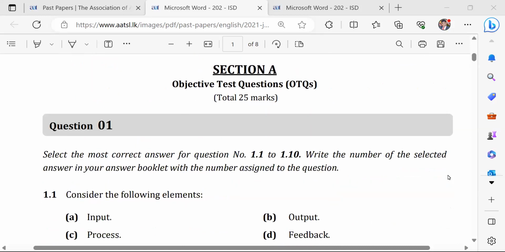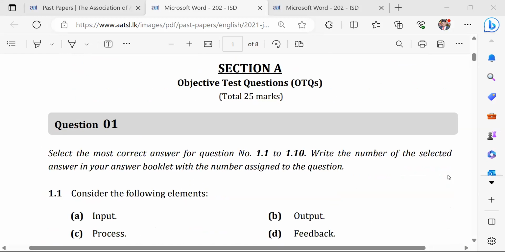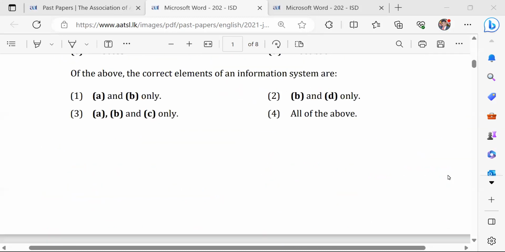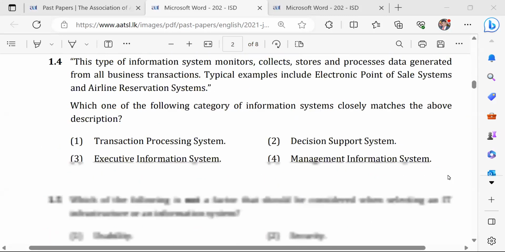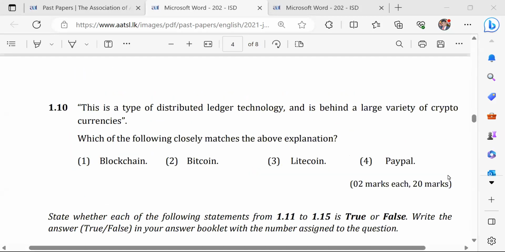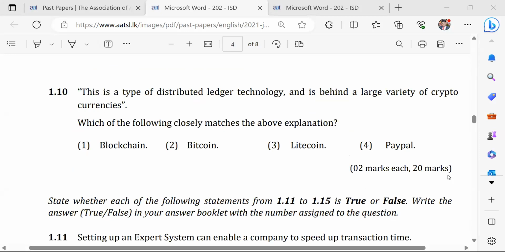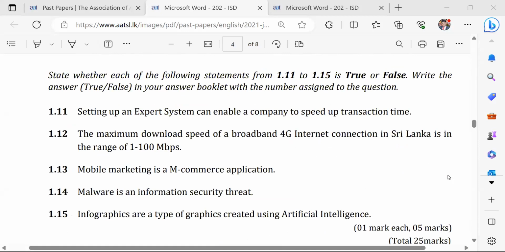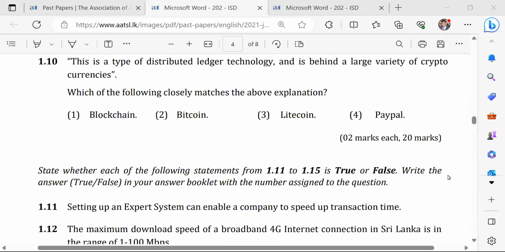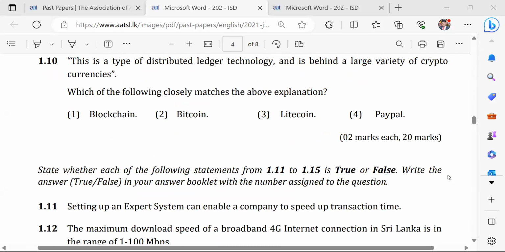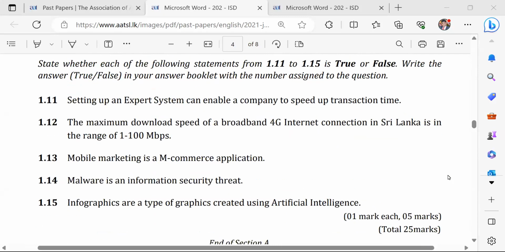Now, in section A, you have 25 marks, right? This is also OTQ. There are 10 MCQs, multiple choice questions. For these 10 questions, you get 20 marks, 2 marks allocated for each.